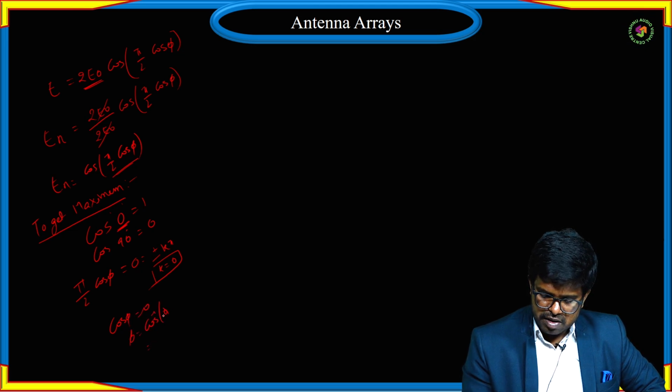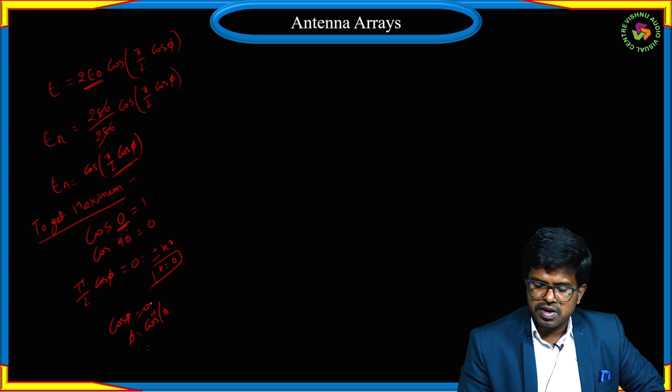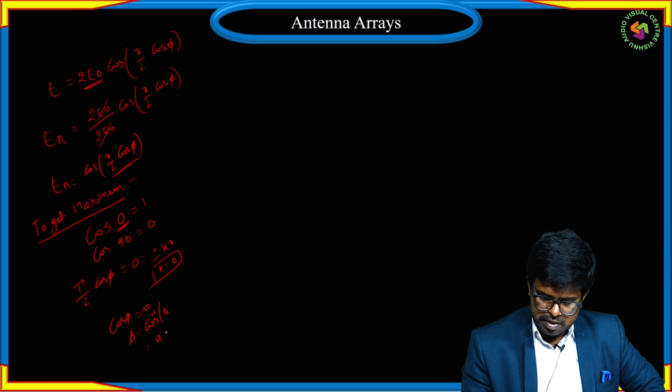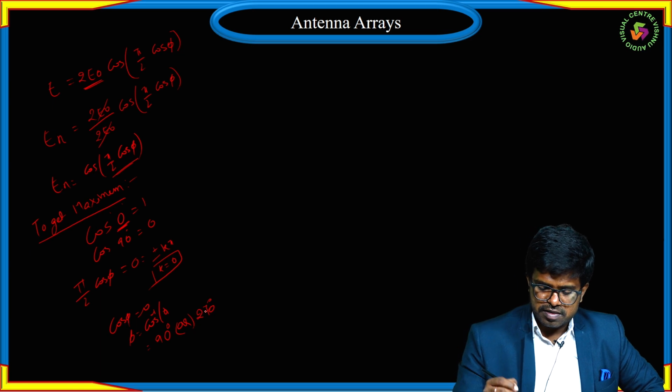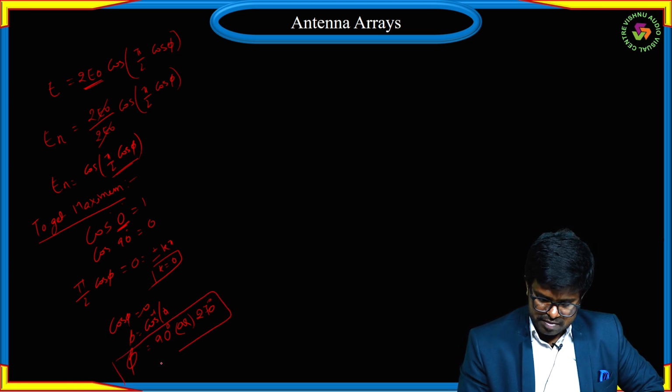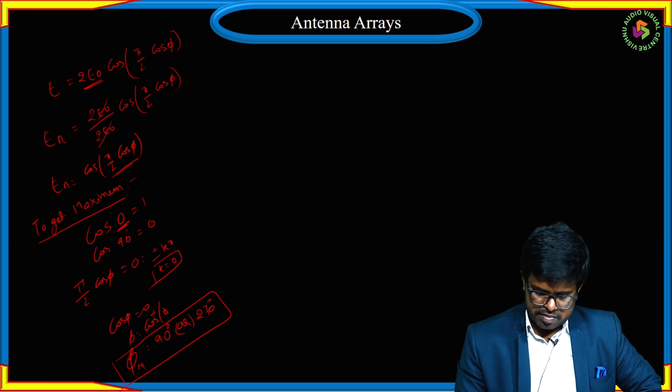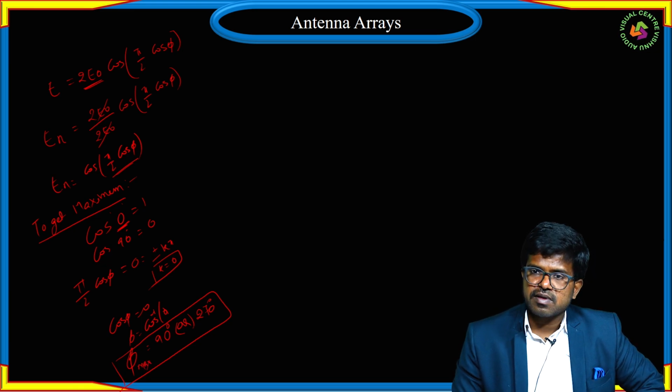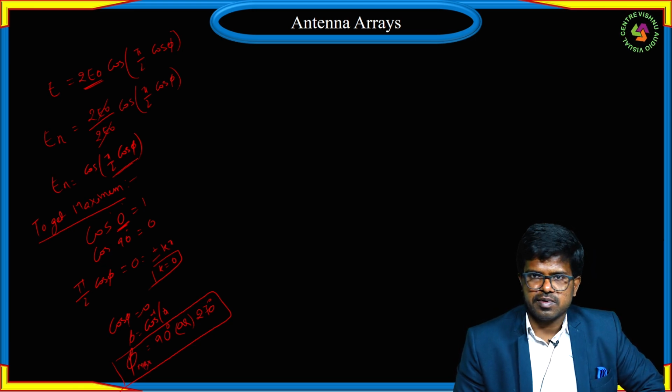Cos will be 0 at 90 degrees or 270 degrees. This is the angle φ to get the maxima; 90 or 270 gives the maximum.